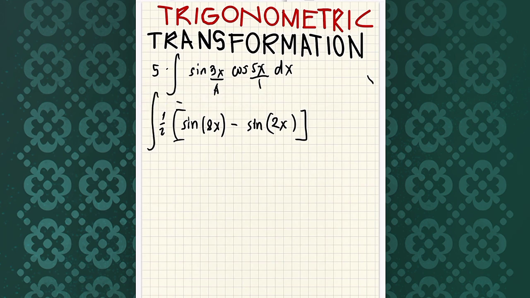So factor out the constant, so sine 8x minus sine 2x, so there's a dx. So integrate term by term. So that's the next thing to do.